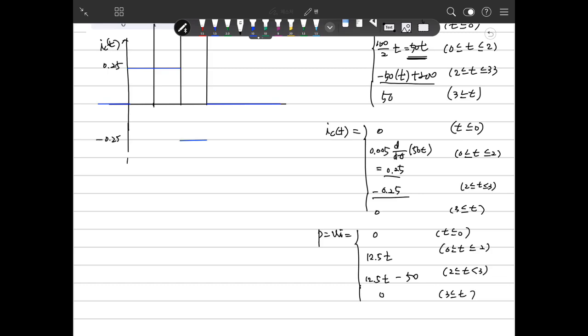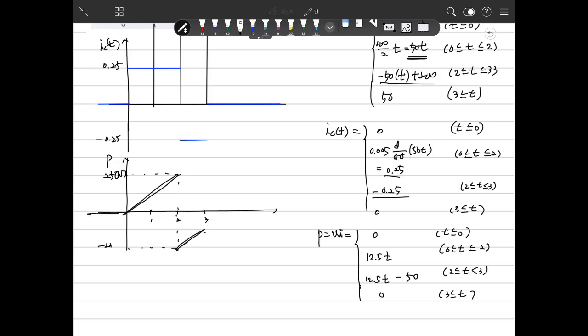So we can draw the power, and the figure looks like here. This is 1 and 2 and 3. Because at second 2, the value will be 25, and the line goes here, and here we will use minus 25, and here in this way.